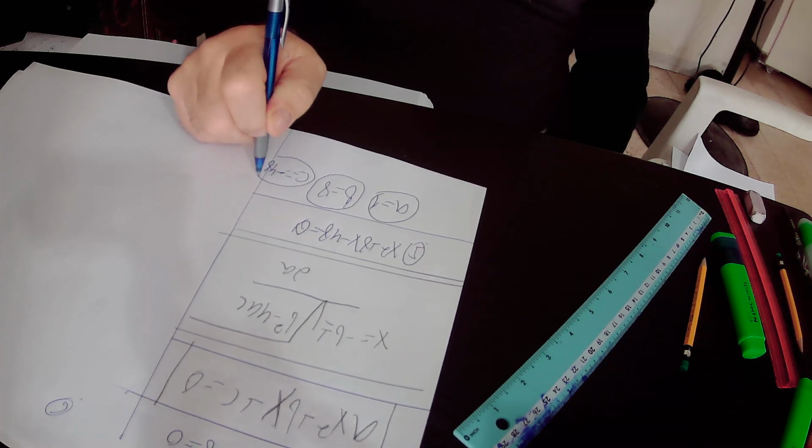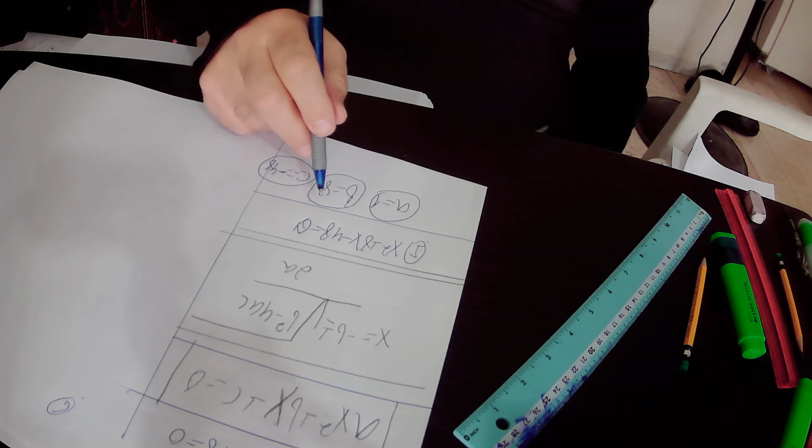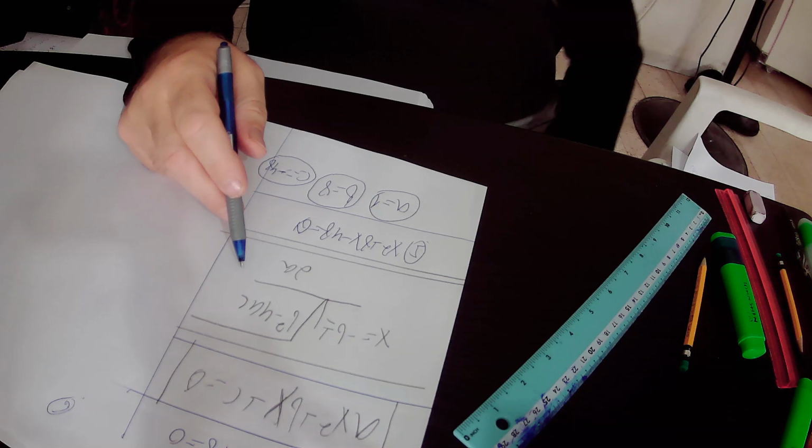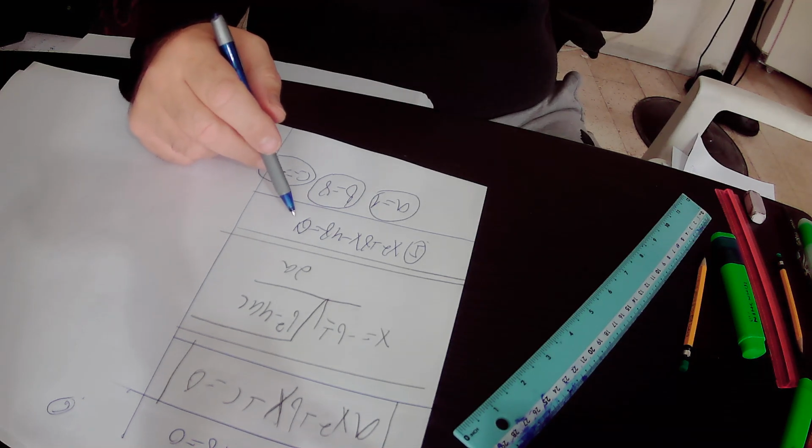So now we put those values of a, b, and c for our specific quadratic equation in this general formula for x in order to find the value of x.